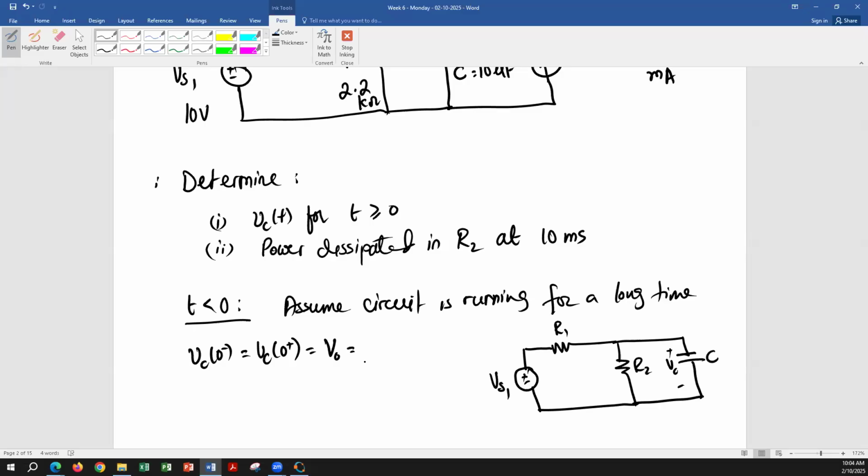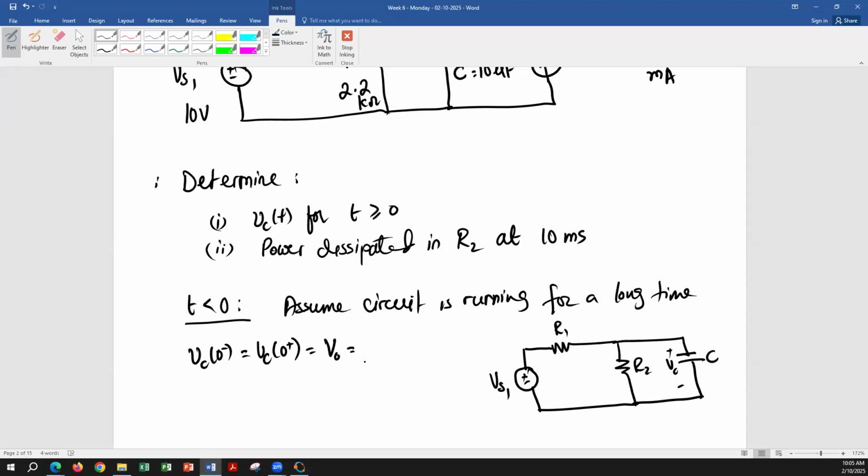Yes, Rudley. What will be the voltage across capacitor in the circuit? How are you going to calculate that? Yeah, that's what we are calculating. Okay, to calculate what?